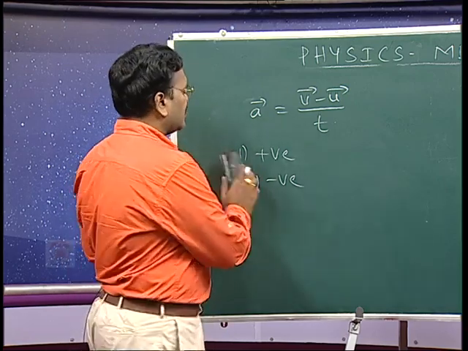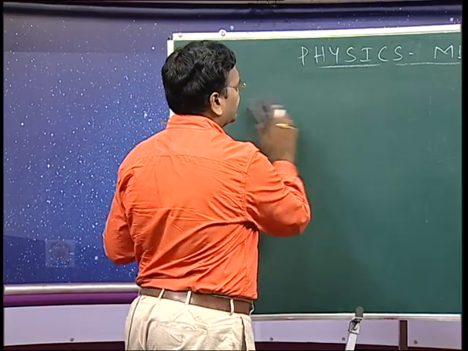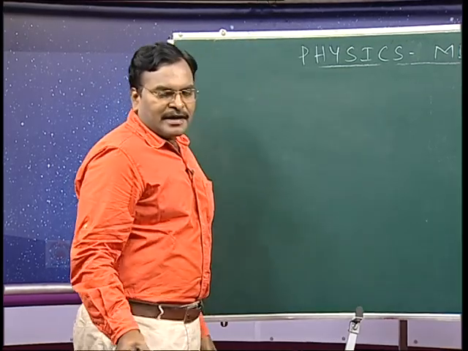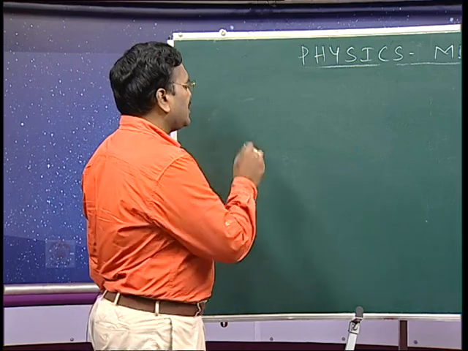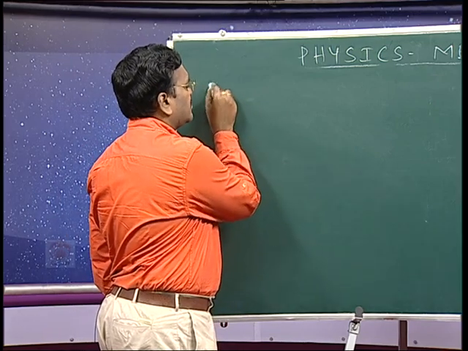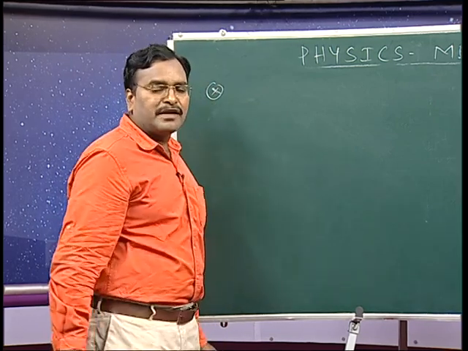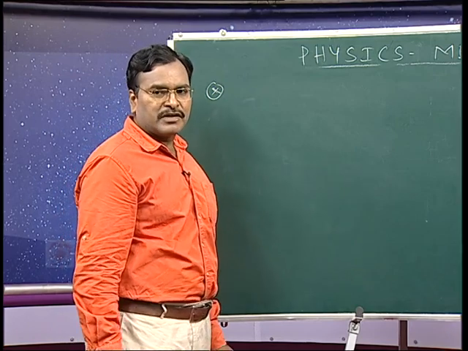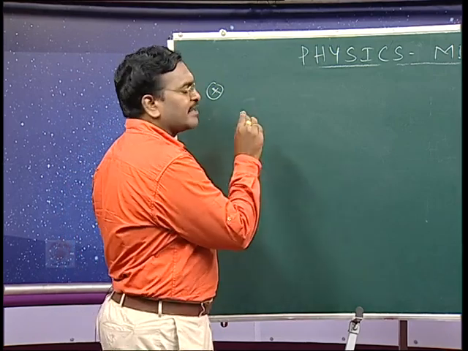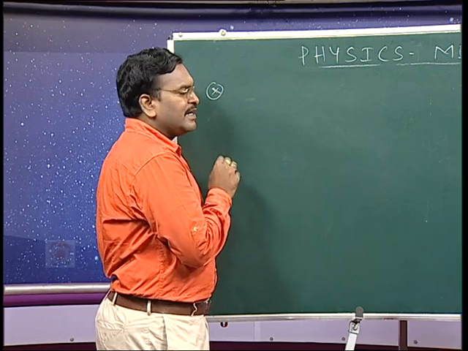Now, we have a question like this, a simple thing. A particle moves with a velocity 5 meter per second along the east direction.